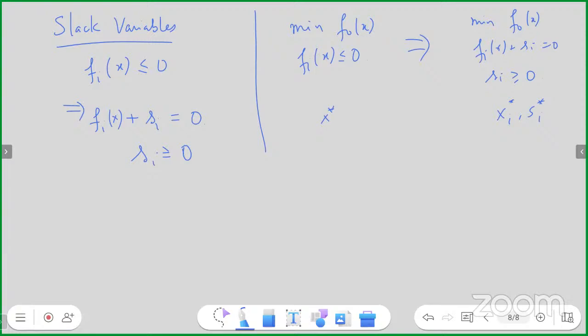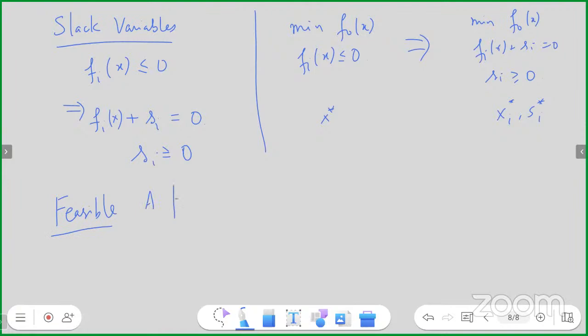What's the magic? The two words, all that you have to say. You did something, right? From here, how did you go here? That this holds, it's feasible only if there exists a feasible si. That's all you have to say. So that's the new word, feasible. What does feasible mean?